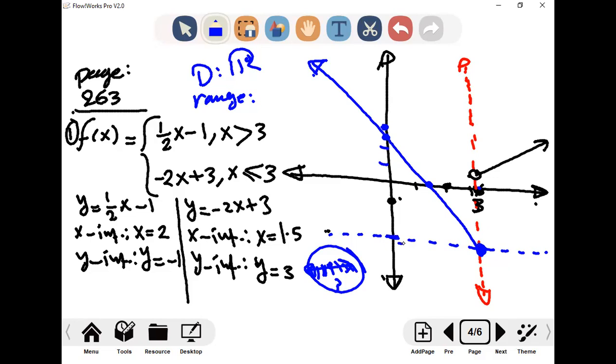So here the range is y more than or equal to what? Meaning all the values for the line are more than or equal to negative 3. That's all for today. Your homework for today is 2, 4 and 6.